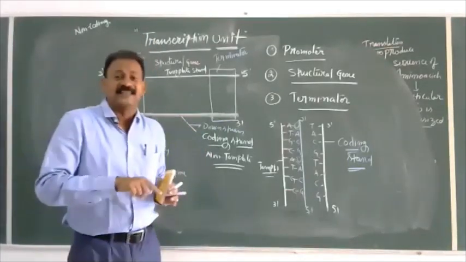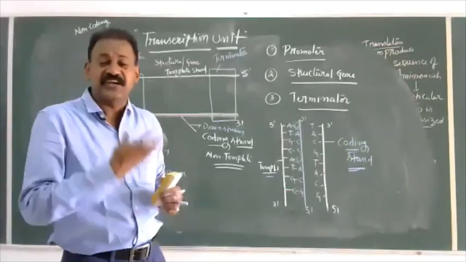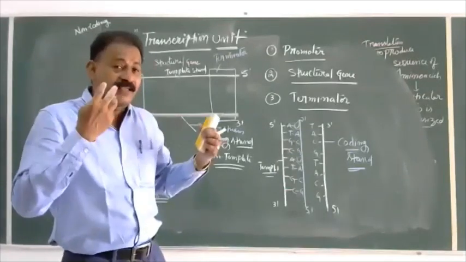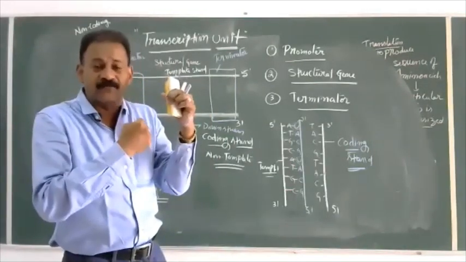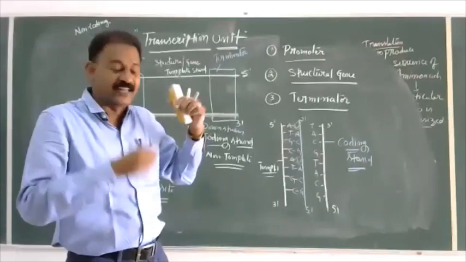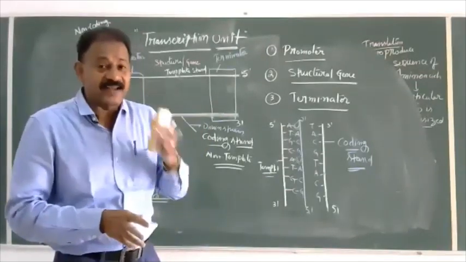And it cannot initiate by forming a new nucleotide on the template. It is not capable of doing this. That's why it always requires the synthesis of an RNA primer.